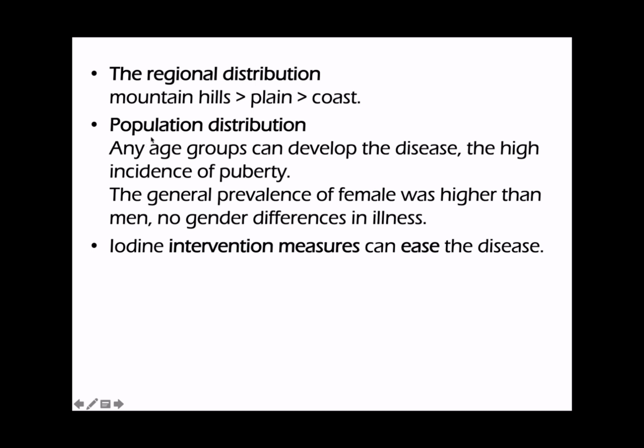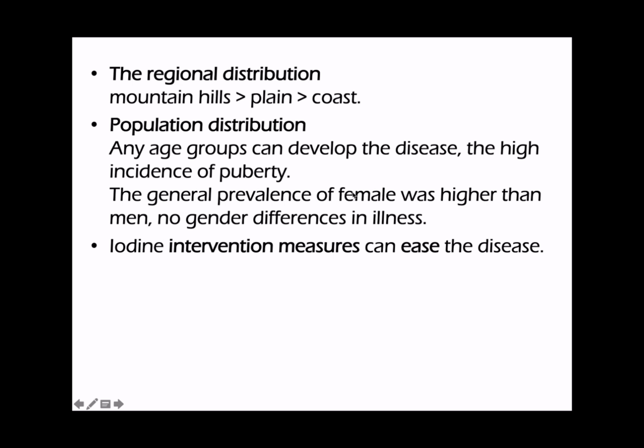Moreover, the population distribution shows that any age group can develop IDD, with a high incidence in puberty. It's maybe because during those periods, teenagers are going through very rapid growth and development of their bodies. So they need more materials. That's why they are more prone to get the disease or to show the disease, because they need more, right?